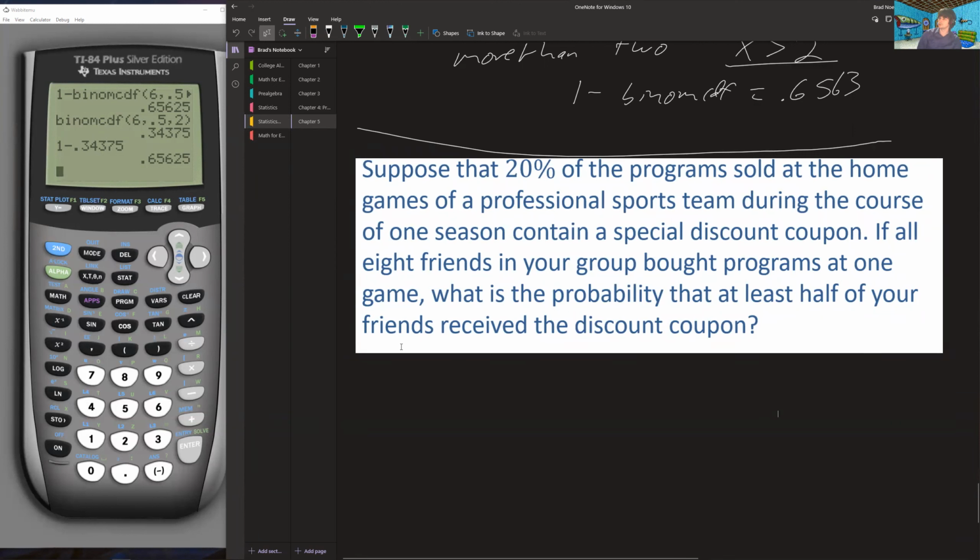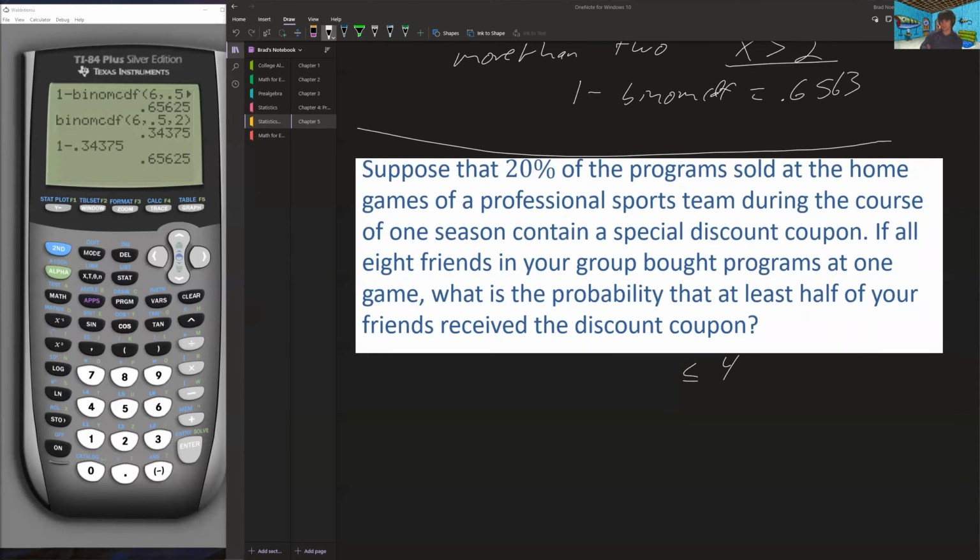So we want to know greater than or equal to 4 here. Make sense? All right.